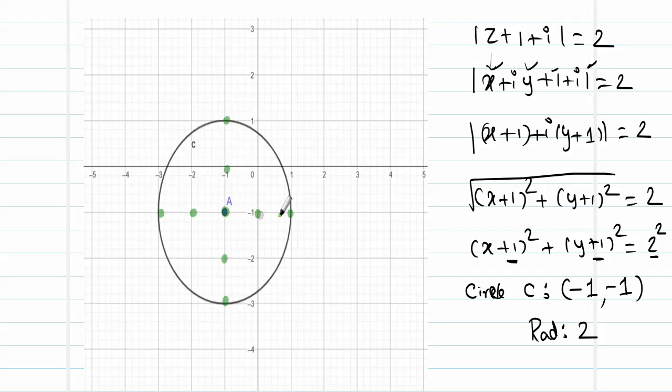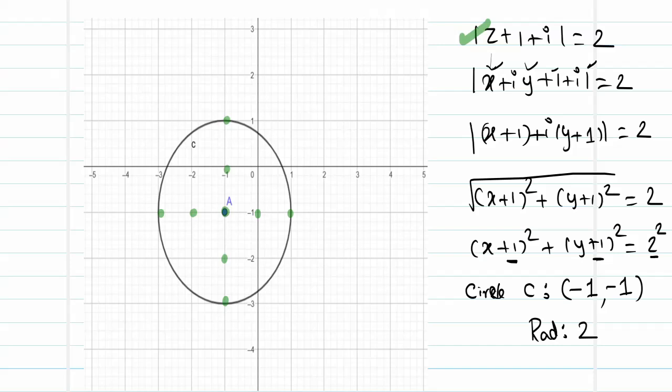After plotting your boundary points, which is 2 units in each of the directions, connect all of this boundary by means of a circle. So now our boundary, which is modulus of z plus 1 plus i equal to 2, is got.